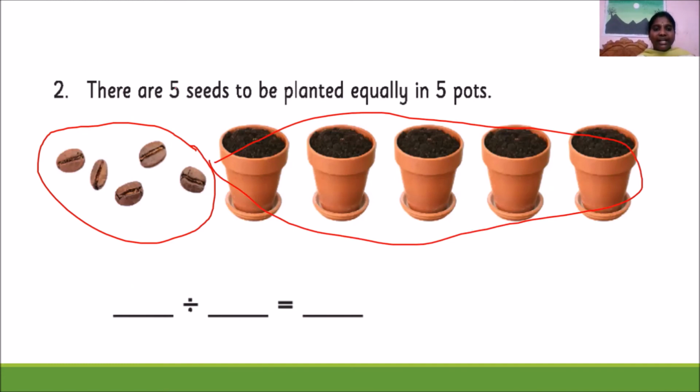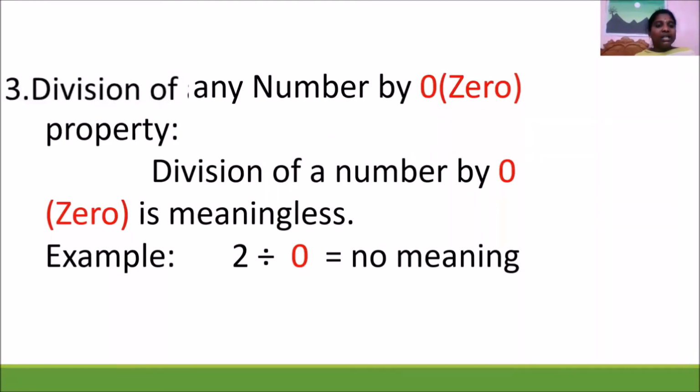Here the dividend and the divisor are the same: 5 divided by 5. According to the property, when a number is divided by itself, the quotient is 1. That means 5 divided by 5 equal to 1.